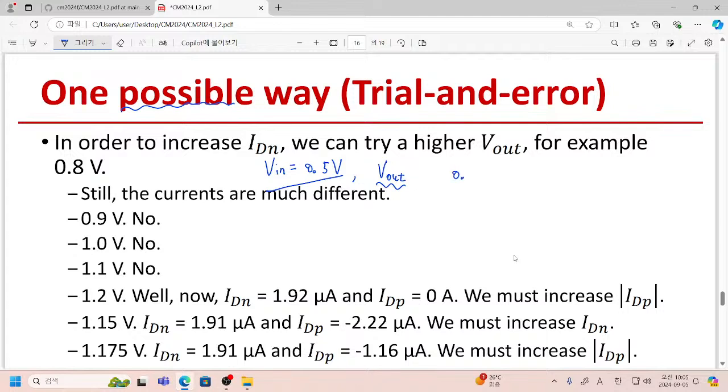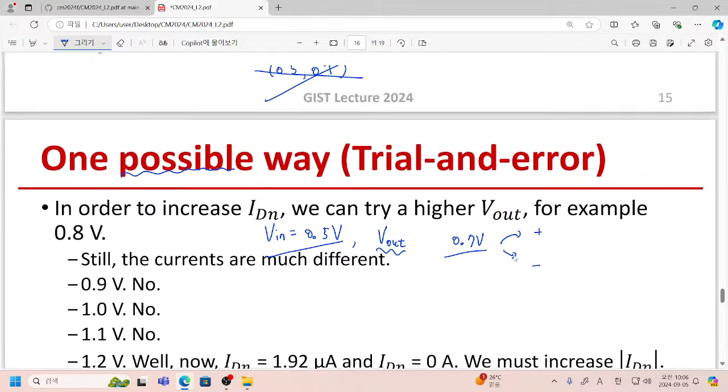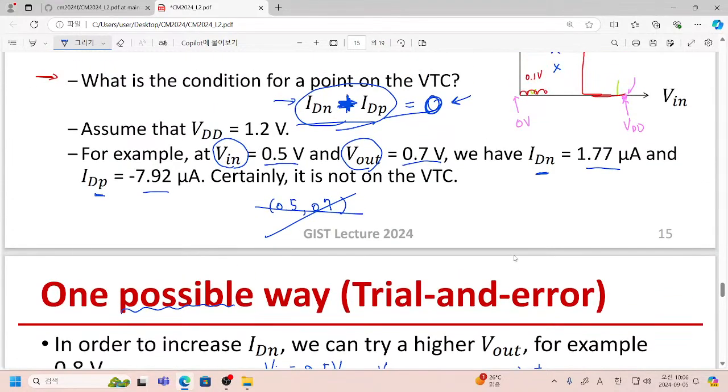Certainly we tried 0.7 volt and we failed. Well, okay, then what will be the next trial? If you are a little bit educated, then first of all you will ask yourself, should we increase it or decrease it? So please have a look at our previous case.